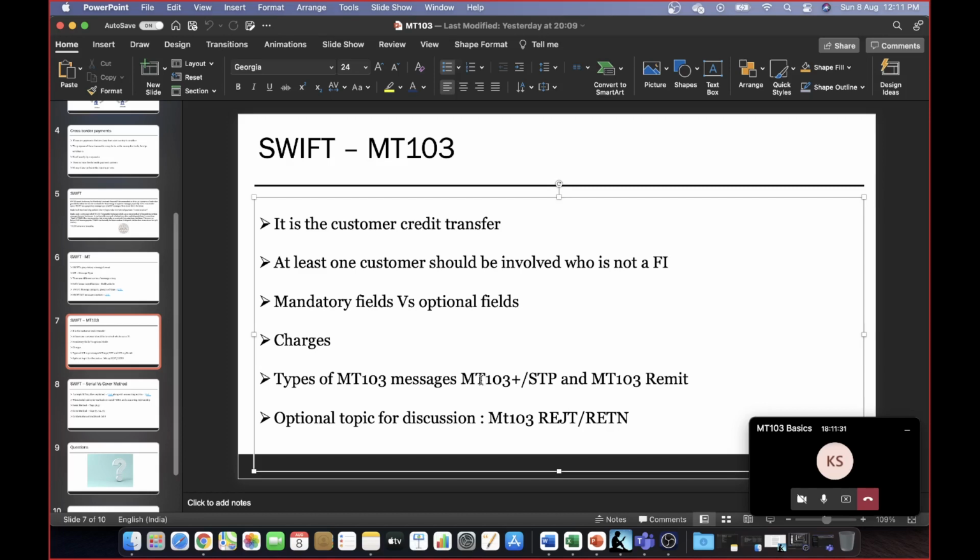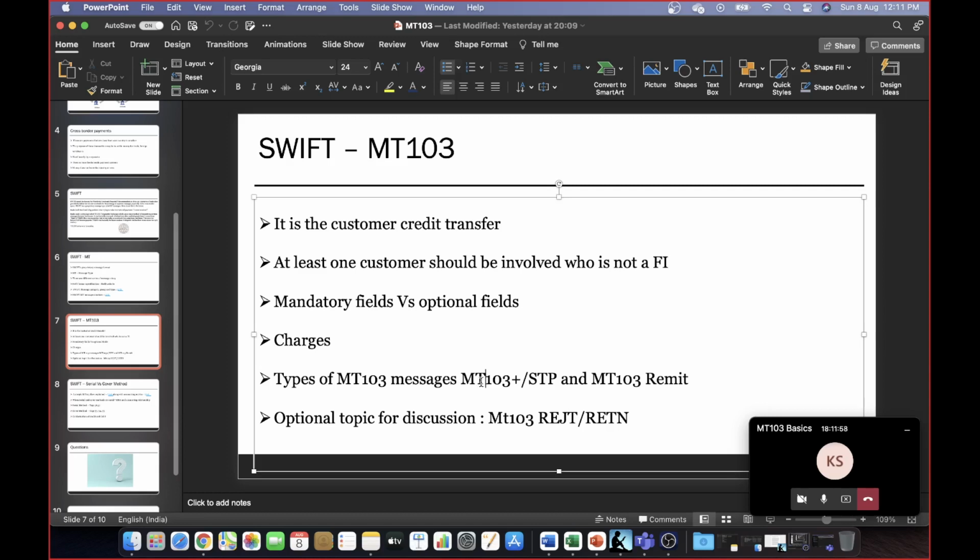So in SWIFT MT103, I think it's 70 or 71A, there is detail of charges. Can we rely on it? Does it come automatically, or is it mentioned by the client? What the ordering customer types can be mapped to several fields.